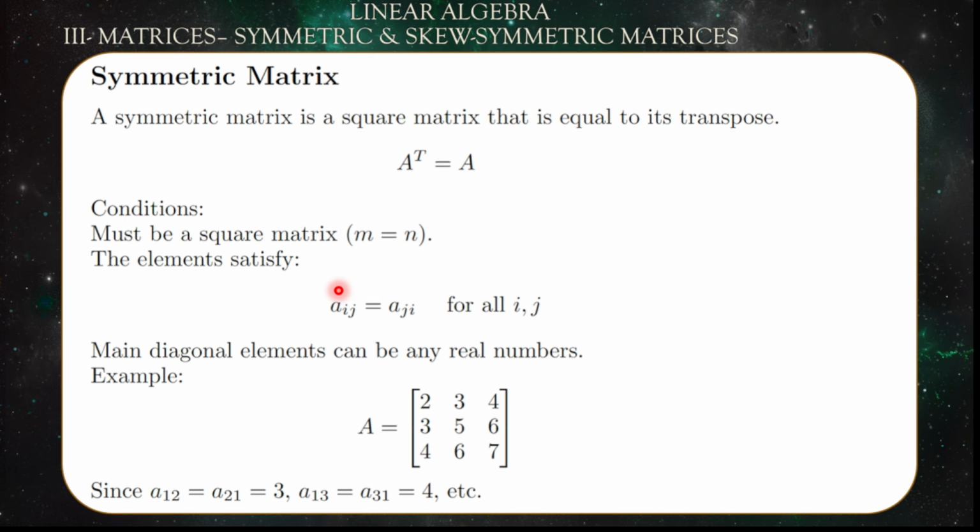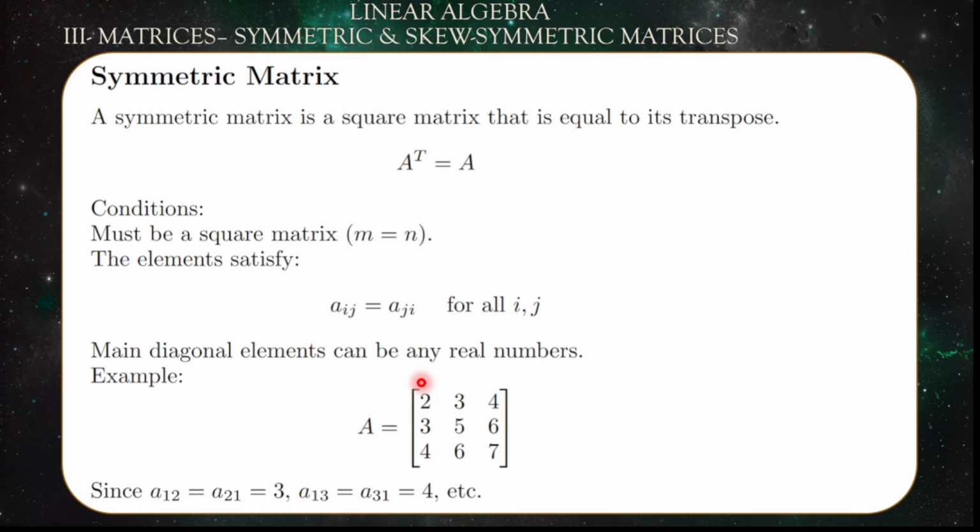In other words, to give you a simplistic example, the number at the second row, third column should be equal to the number at the third row, second column. So Aij should be equal to Aji. The number at row i, column j should be equal to the number on the opposite side, at row j, column i.